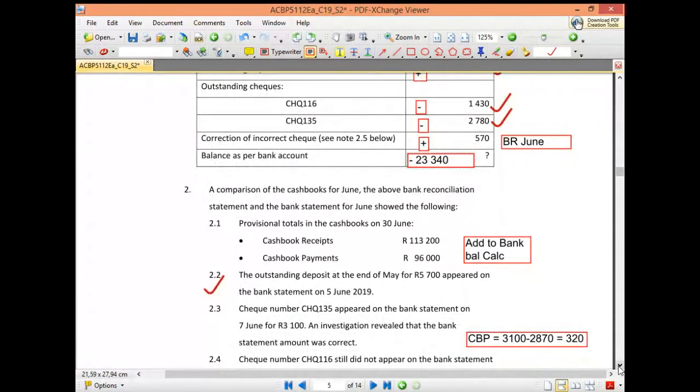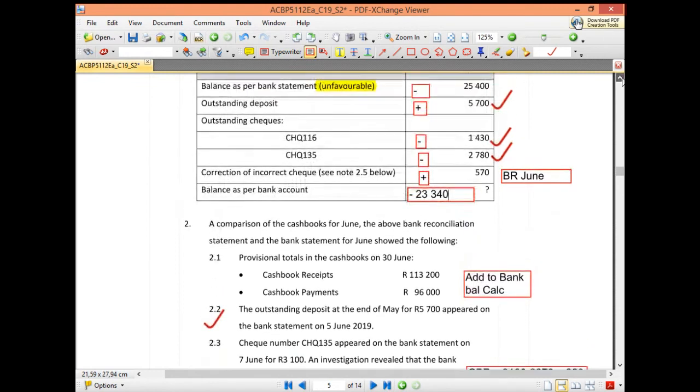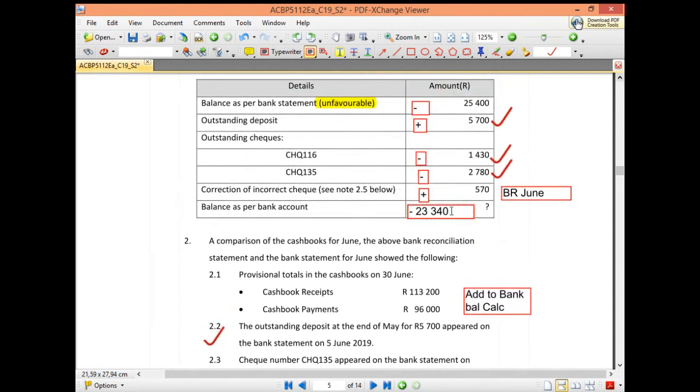Then number 3, check number 135 appeared on the bank statement on 7 June for 3,100. An investigation revealed that the bank statement was correct. Okay, so that means this amount here has actually been dealt with, but we need to correct the amount in our cash books because of the fact that we showed a lesser amount than what it was actually on the check.